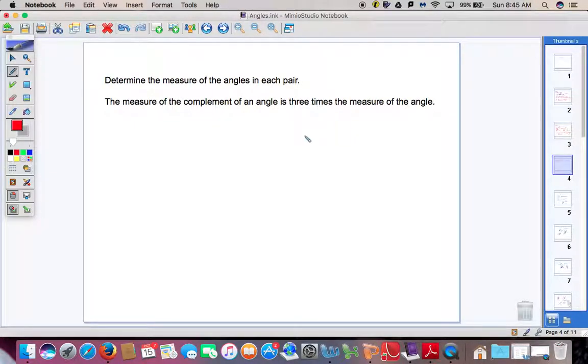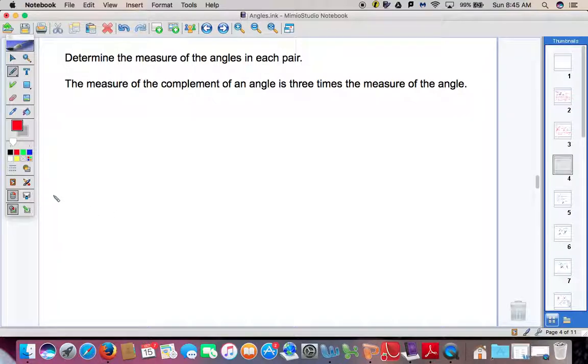The way I like to do the word problems when we're talking about complementary and supplementary angles is that whenever you see the word supplementary, replace that with an S. And we know that S means supplementary, but we also know that it means 180 minus x.